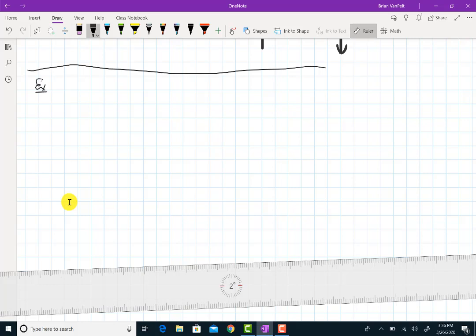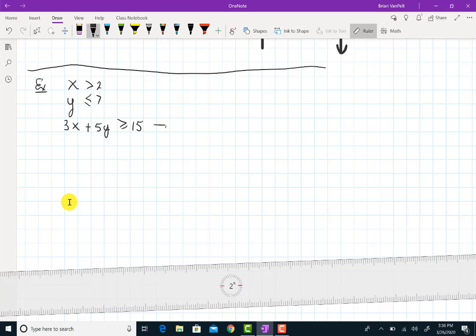Okay. What we have is x is greater than 2, y is less than or equal to 7, and then you have one more, 3x plus 5y is greater than or equal to 15. This is a bit weird because it's got 3 things this time.